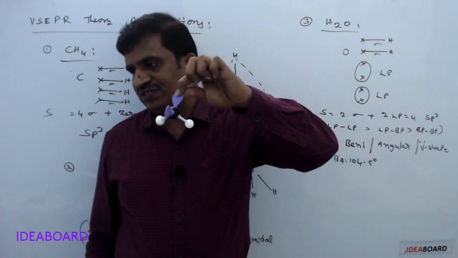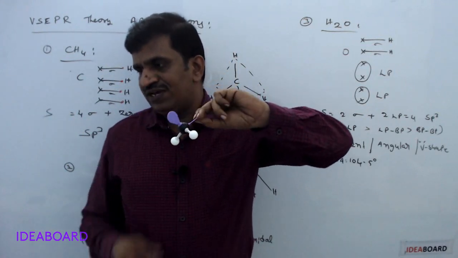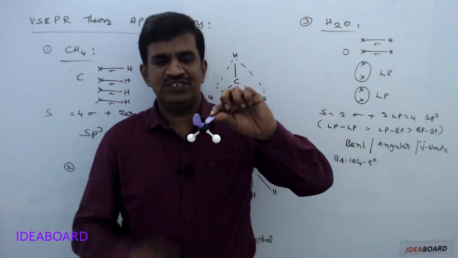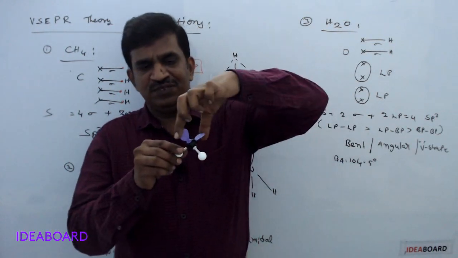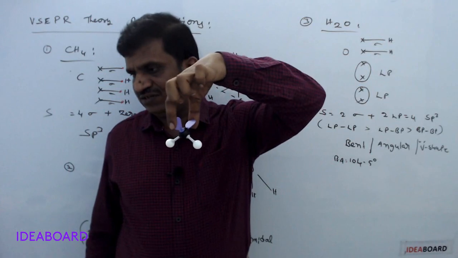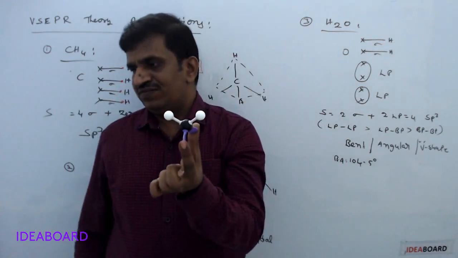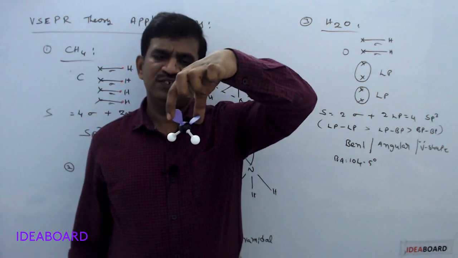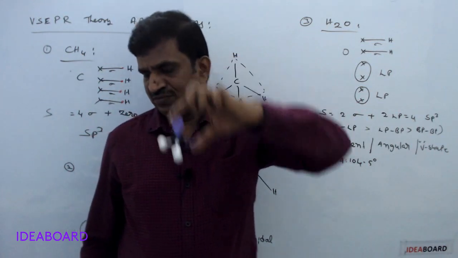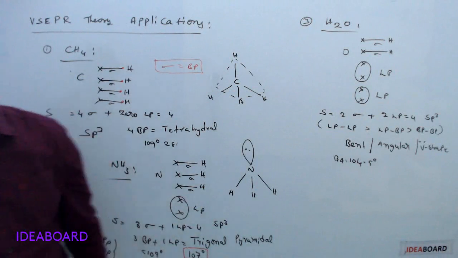So this is a V shape or angular shaped molecule. I am keeping these two lone pairs, and these are the two lone pairs present on the inverted V shape or angular shape molecule. That is the H2O molecule.